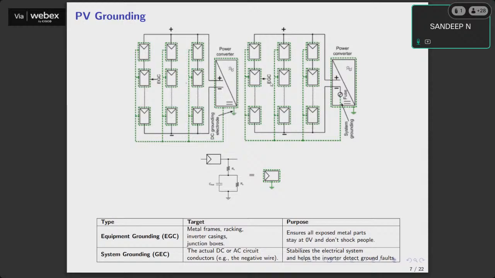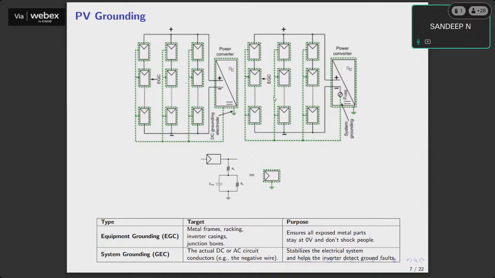Now, what is the problem with this grounding? The moment we ground, what happens? There is a PV parasitic capacitance, which is not a physical capacitor, but the panel has a very large exposed surface, and there forms a distributed capacitance overall.